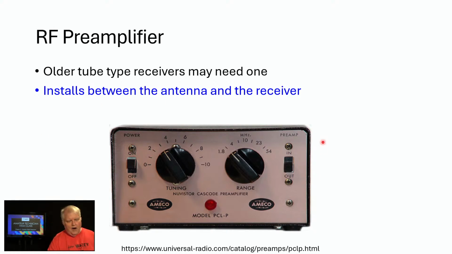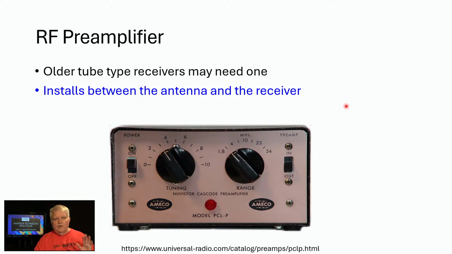This is called an RF preamplifier, which would go ahead of a shortwave receiver to make it more sensitive. And you would set it to the approximate frequency range that you're going to operate, and then you would tune it as well. So RF preamplifiers, when you hear the word pre, it's before a receiver, preamplifier.